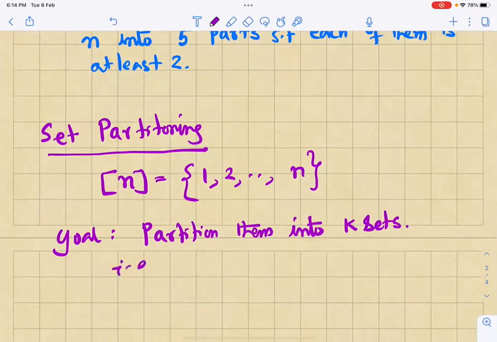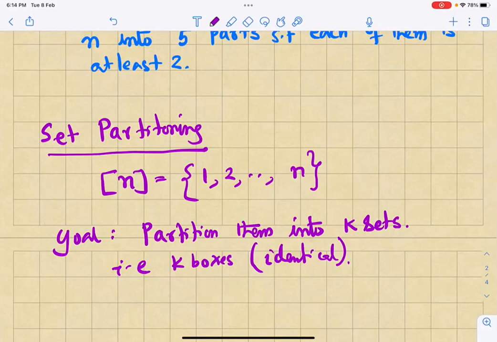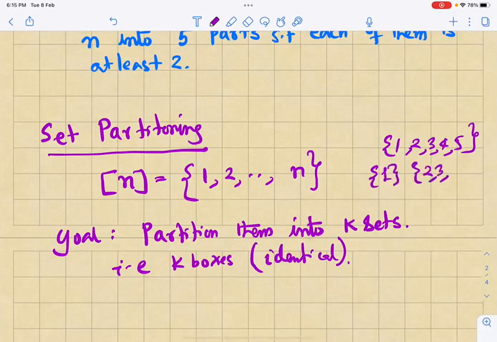So that is k boxes, all identical. What is the problem? For example, if you have 1, 2, 3, 4, 5, you can partition it like {1, 2}, {3, 4}, and {5}. This is a 3-box partition.